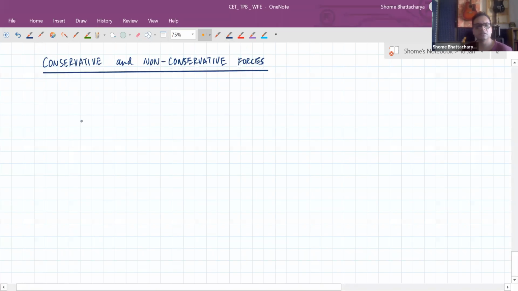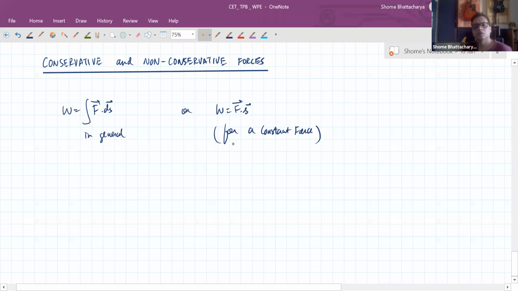So we've seen that in general, the work done by a force is defined as integration F dot ds, or this reduces to a special formula F dot s for a constant force. In certain cases, the work done by the force will depend only on the initial and final position, and it will not be a function of the path taken from initial to final.